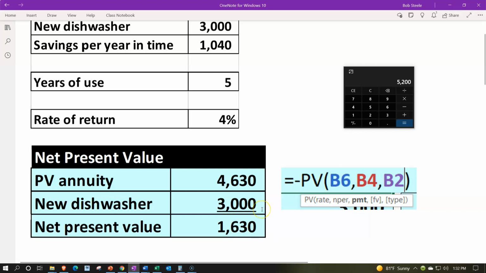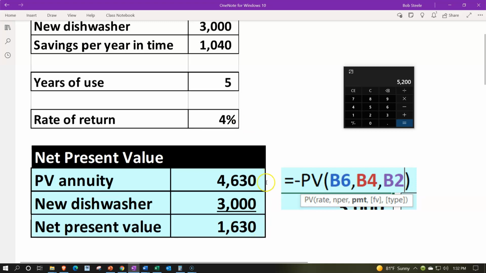Now note, when you're doing this kind of calculation, you're trying to determine the rate of return here, which will generally be the rate at which you would accept the project or not. So you want to set this rate of return to be the rate of return that you think is going to be enough for you to accept the project. Therefore, if this number down here is anything above 0, then you may say it would be a positive thing because you're clearing the rate of return, which in this case was the 4%.